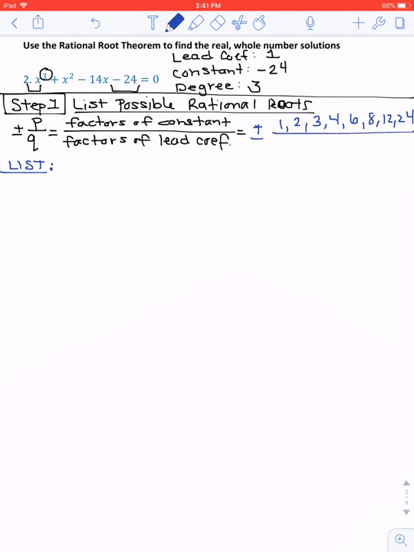No. Factors of the lead coefficient, 1, so each of those terms needs to divide by 1, so obviously that's easy to do. So here's our list. Plus and minus 1, positive and negative 2, 3, 4, 6, 8, 12, 24. First step, done. Check it off the list.